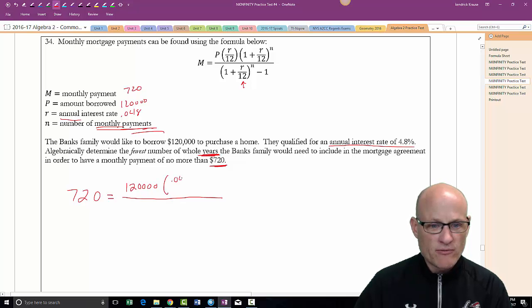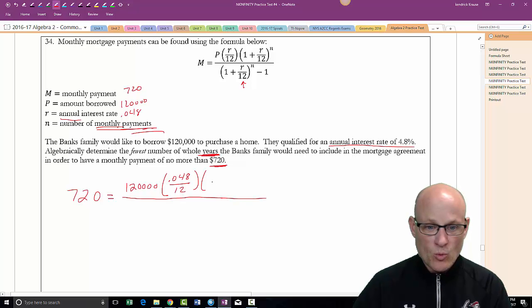times 0.048 over 12, parentheses, 1 plus 0.048 over 12 to the n.